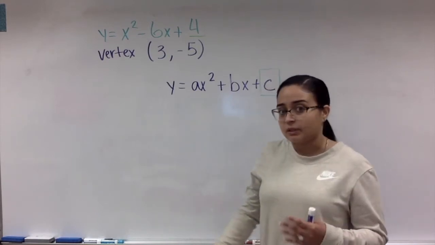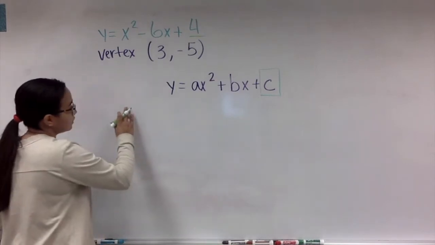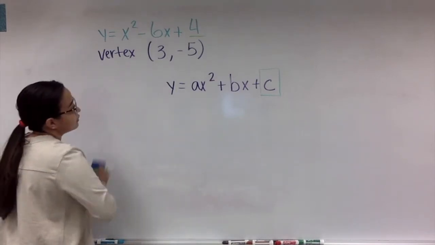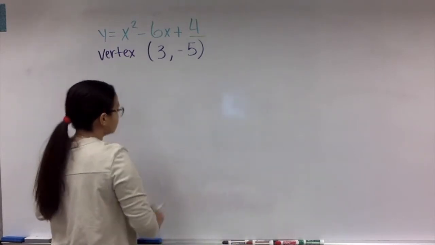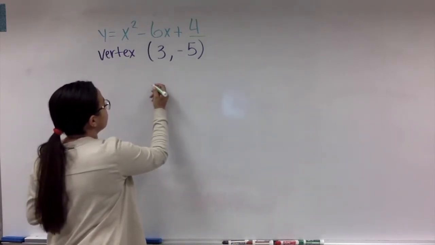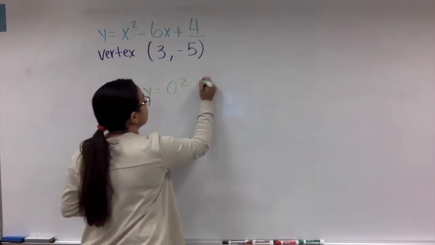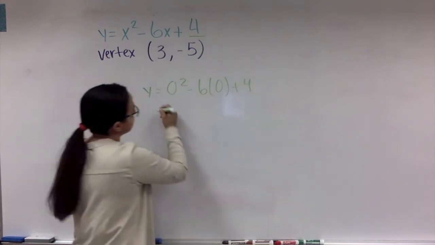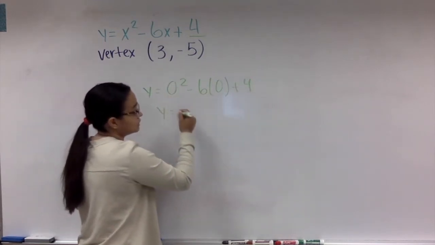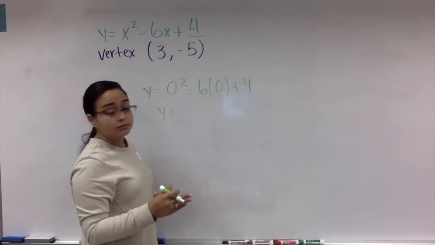And let me explain very quickly why. We will have x equals 0, and we're going to plug it in. So y is equal to 0 squared minus 6 times 0 plus 4. 0 times 0 is 0, and 0 times negative 6 is 0.